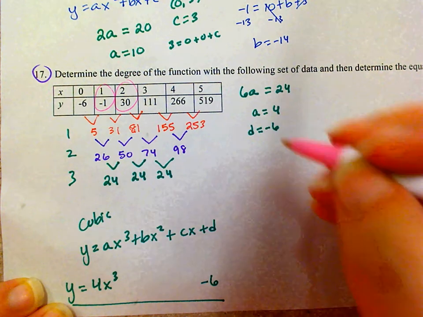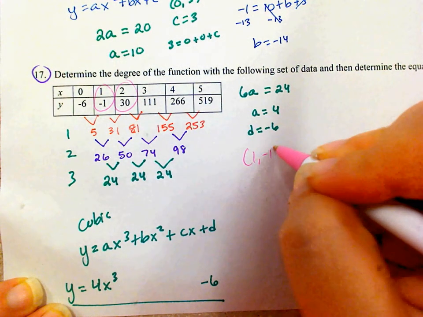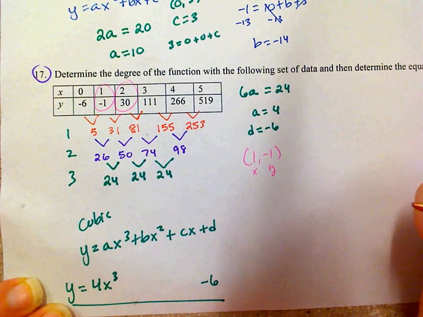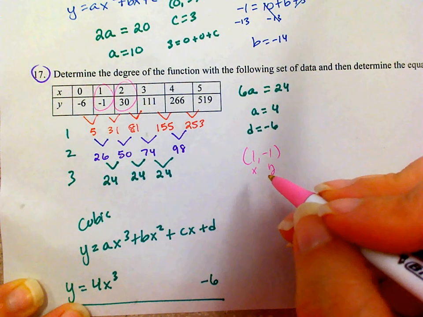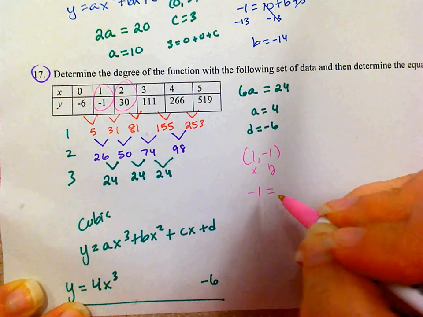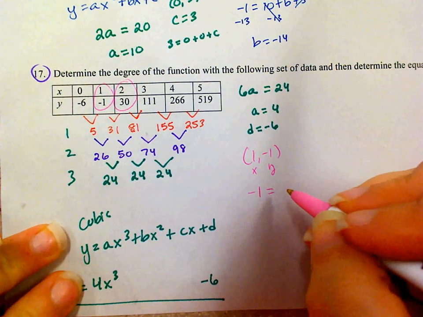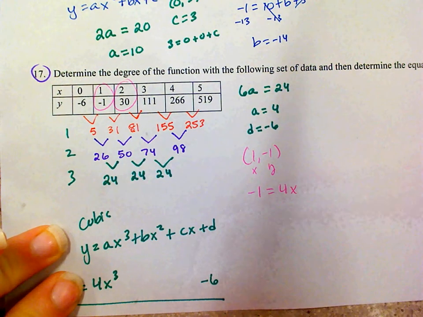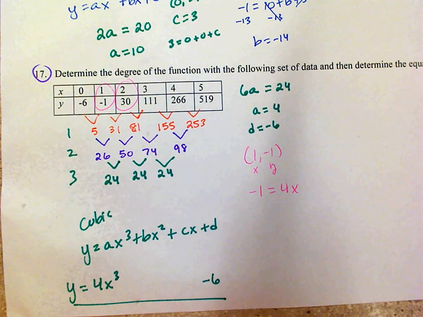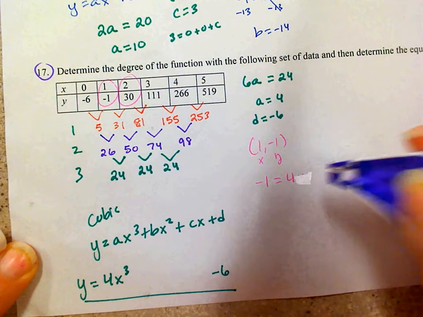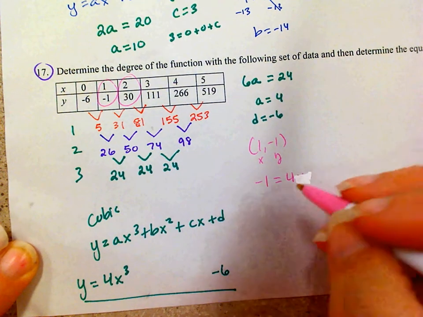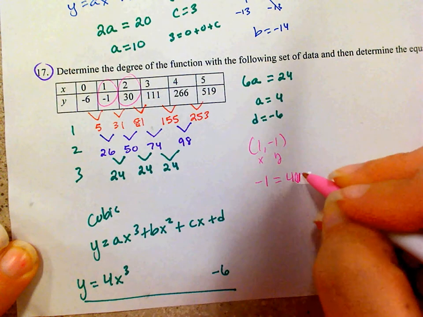Okay, so y equals, so negative 1 equals a, which is 4, x, nope, just kidding, x is 1. Cubed. Okay.